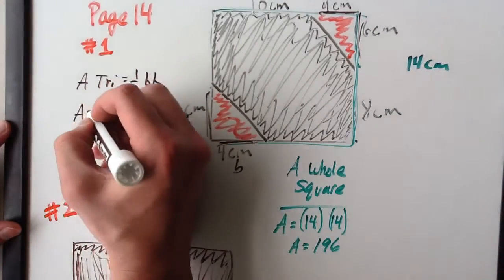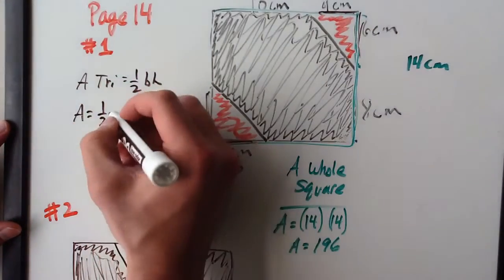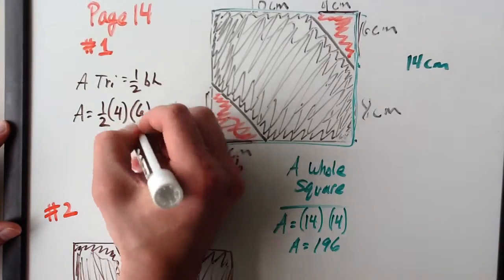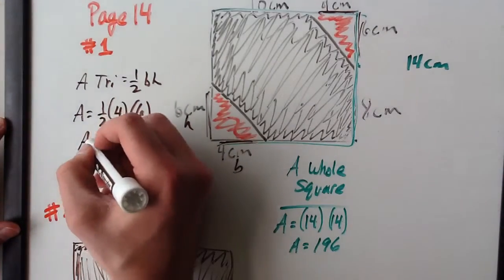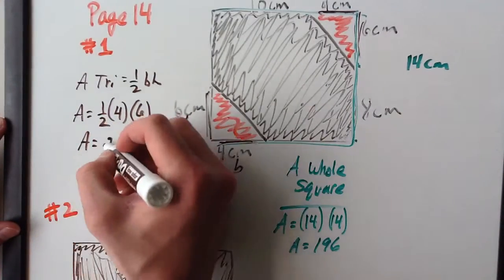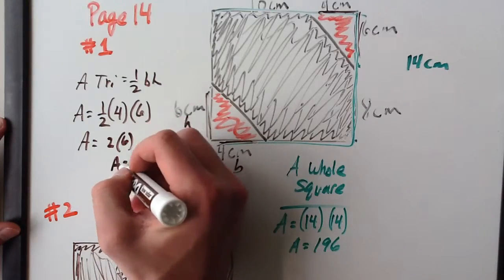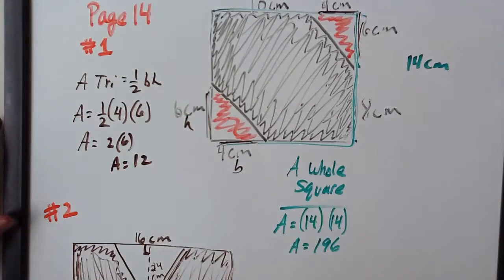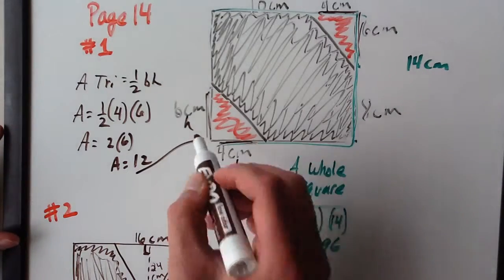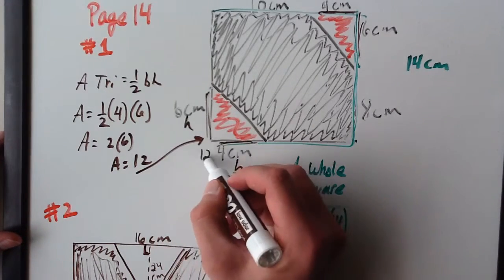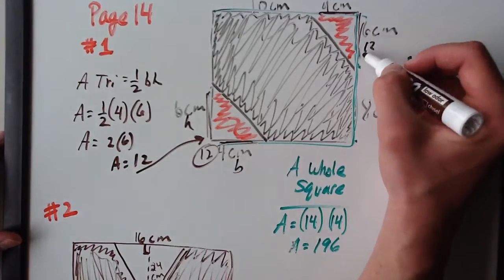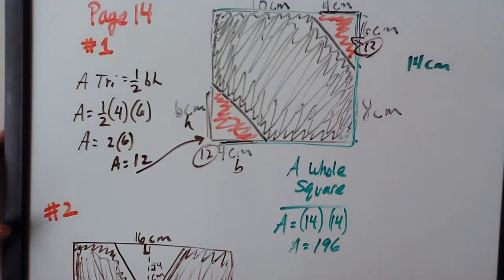So area of a triangle is 1/2 times the base of 4 times the height of 6. All right, so 1/2 of 4 is 2, and 2 times 6 is 12. So the area of one of the triangles is 12, right? That's the area of this triangle, which is 12. And the area of this triangle would also be 12.